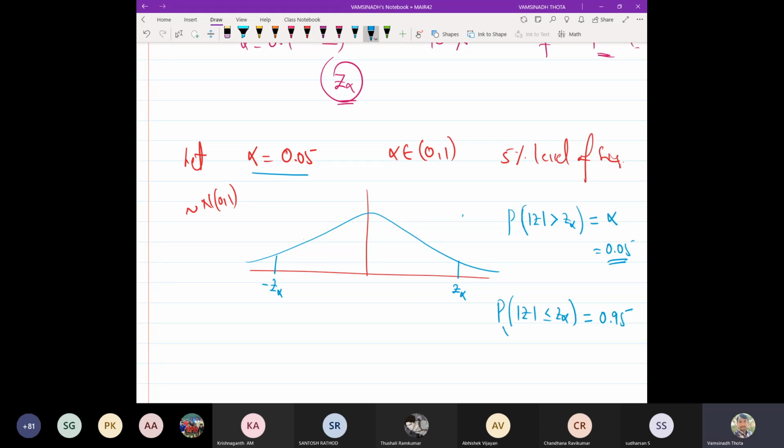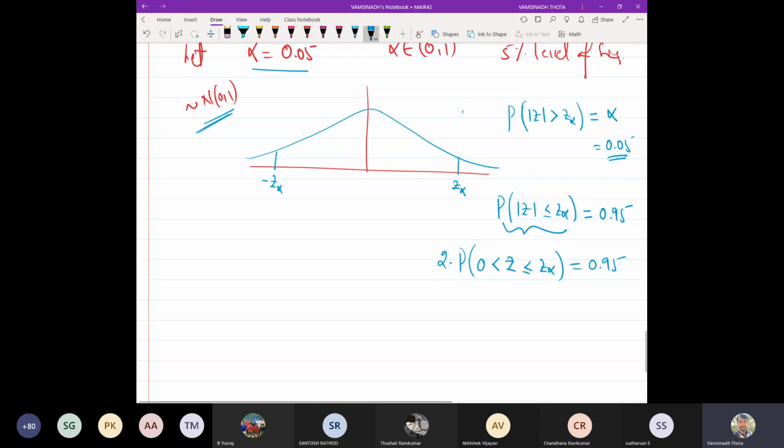Since the test statistic follows the standard normal distribution, this is nothing but 2 times the probability of 0 less than or equal to Z less than or equal to Z alpha, where Z alpha is a positive number, equal to 0.95.